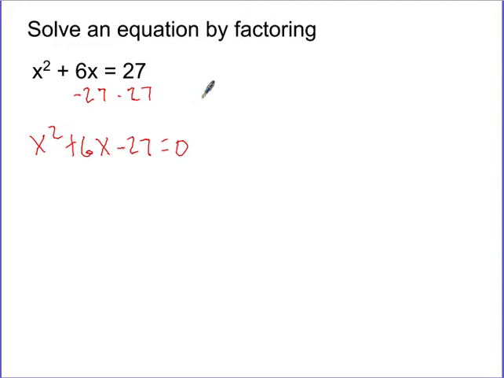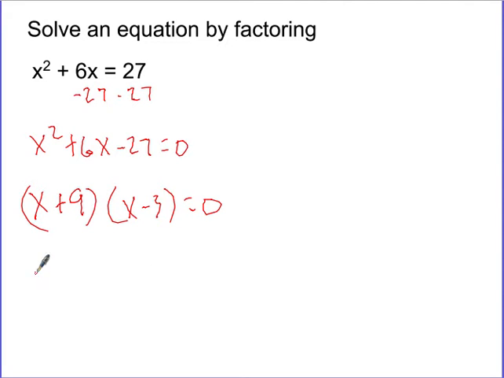3 and 9. So that would be x plus 9, x minus 3. I did it backwards from how I normally do it, but that's okay. 9 times negative 3 would be negative 27, and a positive 9 minus 3 would be a 6. So those are my two factors.